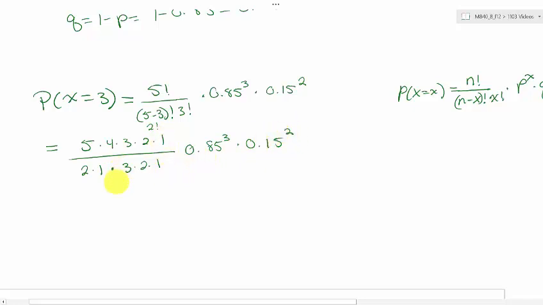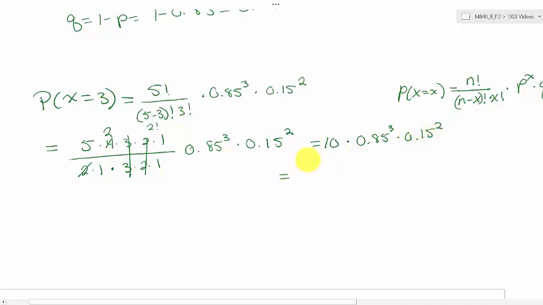So now we can cancel some things. We can cancel the 3 here. We can cancel the 2. 1s you don't need to worry about. And 2 goes into 4 twice. So the only things that we have left are the 2 and the 5 in the numerator. So that would give us 10. So it's 10 times 0.85 cubed times 0.15 squared.